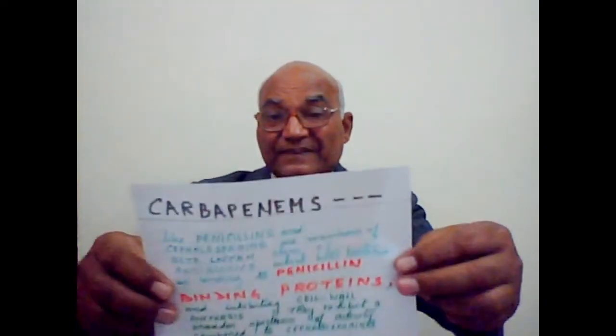In continuation, carbapenems, like penicillins and cephalosporins, are members of the beta-lactam class of antibiotics, which kill bacteria by binding to penicillin binding proteins and inhibiting cell wall synthesis. They exhibit a broader spectrum of activity compared to cephalosporins and penicillins.